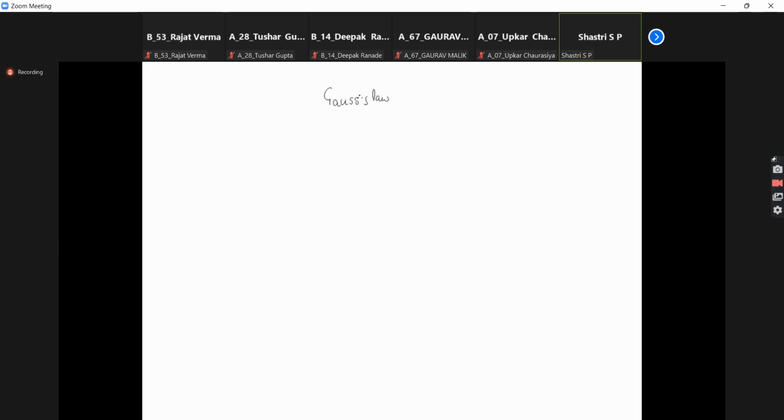So simply, Gauss law says that the amount of flux is always equal to the charge enclosed. Okay, so we'll focus on this. What is this charge enclosed, and why does Gauss say that the charge enclosed is always equal to flux?